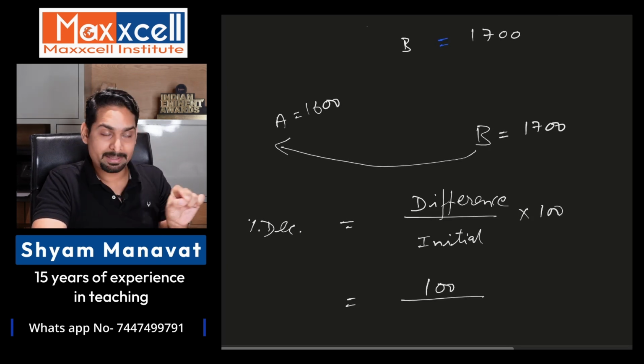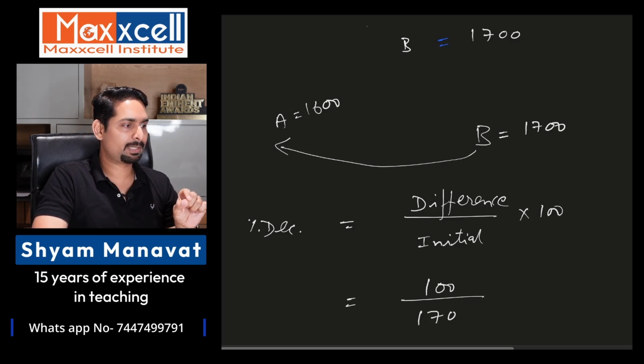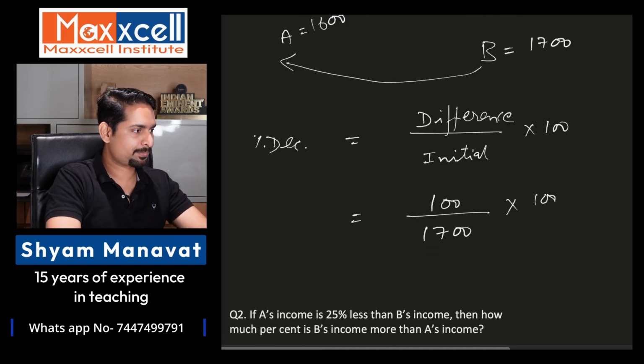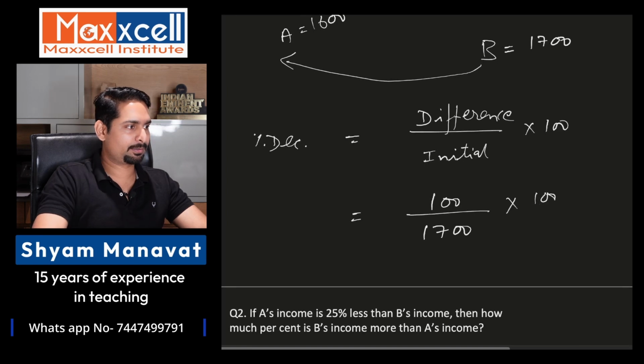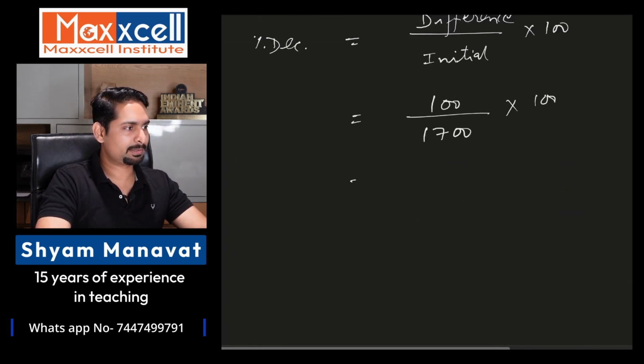We are starting from B. So which is the initial value? 1700, multiply by 100 to convert into percentage, right? Okay, simplify this. What do you get? Cancel. 1 by 17 into 100. Yeah, tell me what is 1 by 17 into 100?